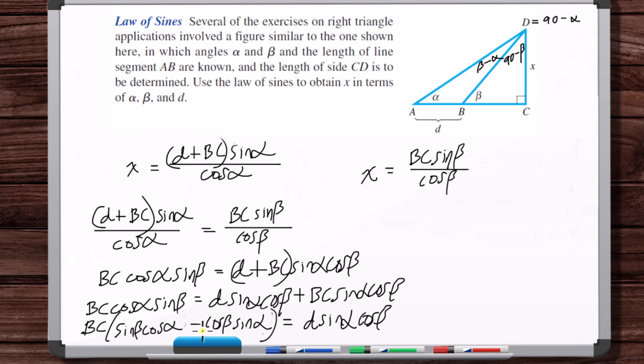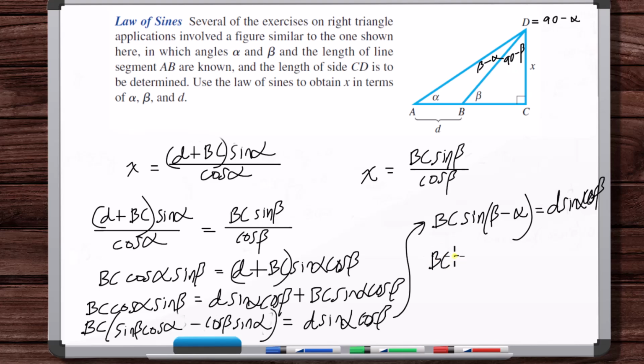That's what sine beta cosine alpha minus cosine beta sine alpha is: sine of beta minus alpha. So BC sine of beta minus alpha is equal to D sine alpha cosine beta. So BC is equal to D sine alpha cosine beta over sine of beta minus alpha.